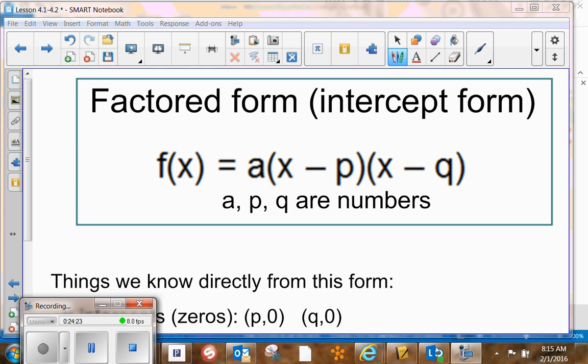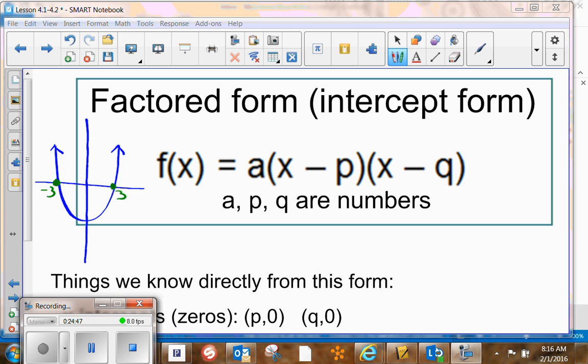And for this equation right here, I'm just going to draw a generic graph. So that's my xy axis. And let's say this is negative 3 and this is 3. This negative 3 and 3 are the x-intercepts.